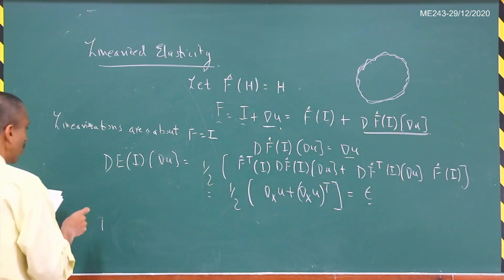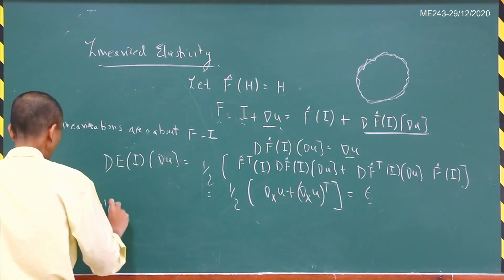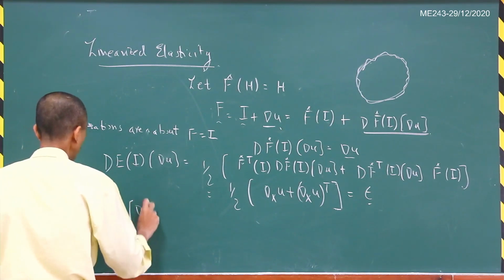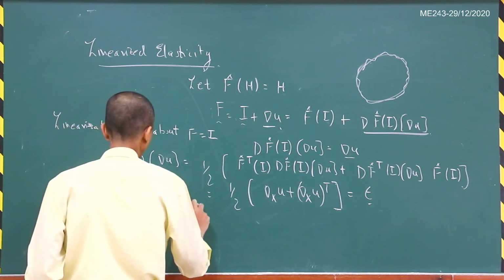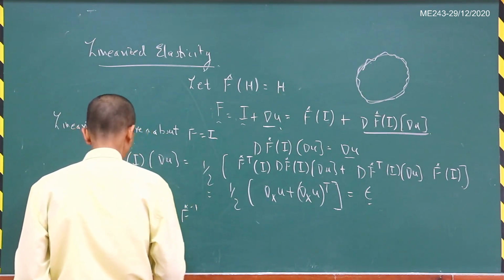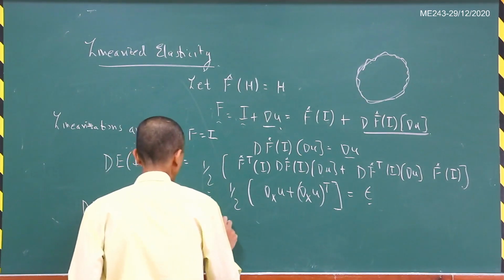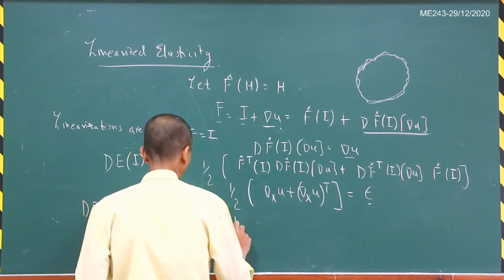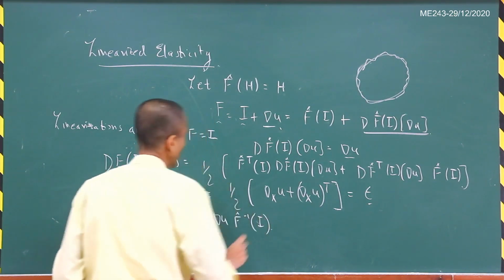So d of f inverse at identity in the direction of del u is equal to minus f hat inverse of I times del u times f hat inverse evaluated at identity tensor.